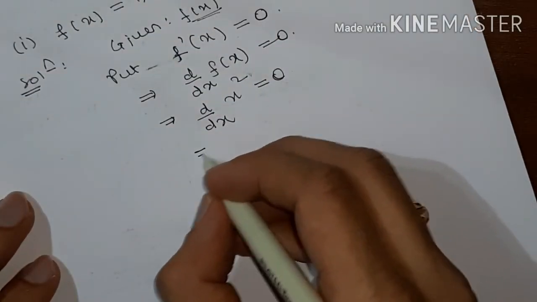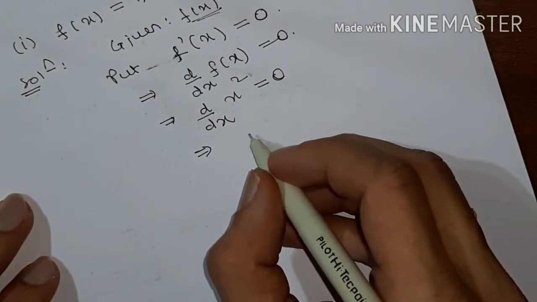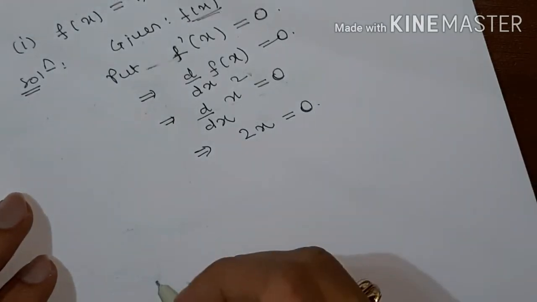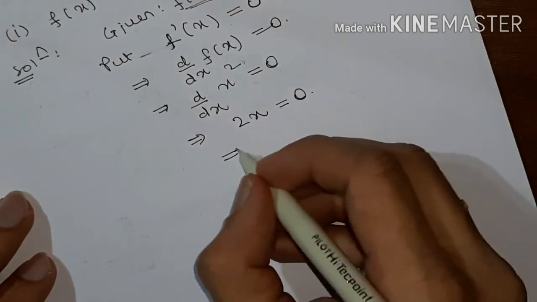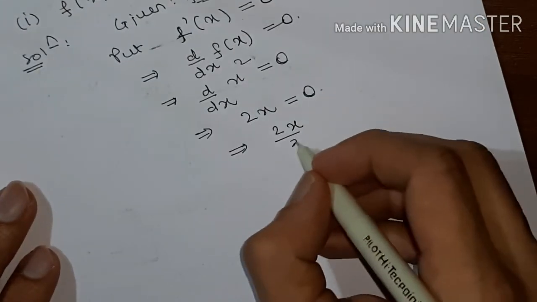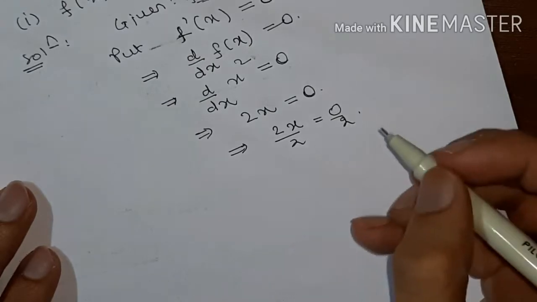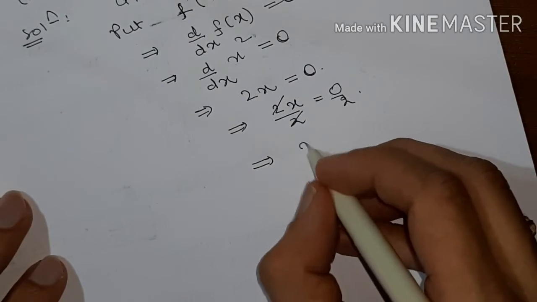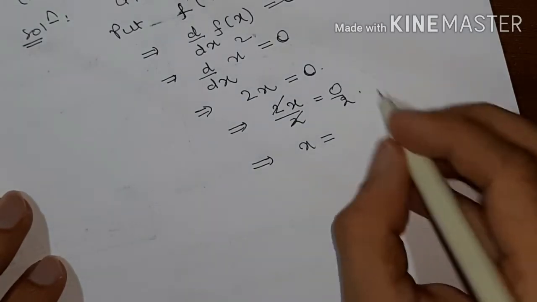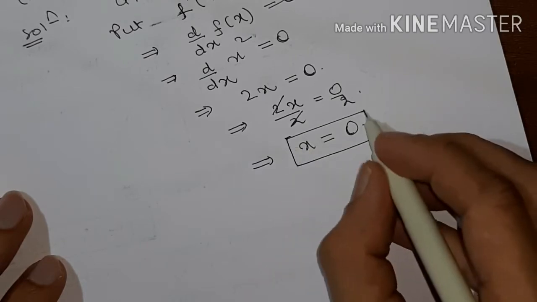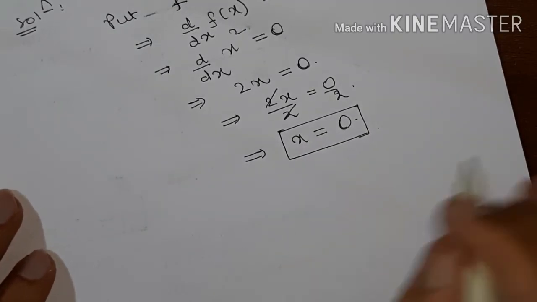So what is the derivative of x square? 2x, right, which is 0. Now if you divide by 2 on both sides, what you will get? 2x divided by 2 equal to 0 divided by 2. So 2 and 2 get cancelled here. You will get x equal to 0 divided by 2, which is 0, right? So this is the value you get.